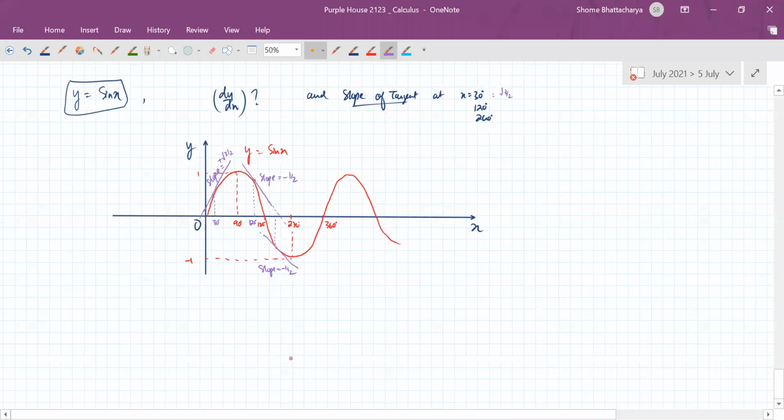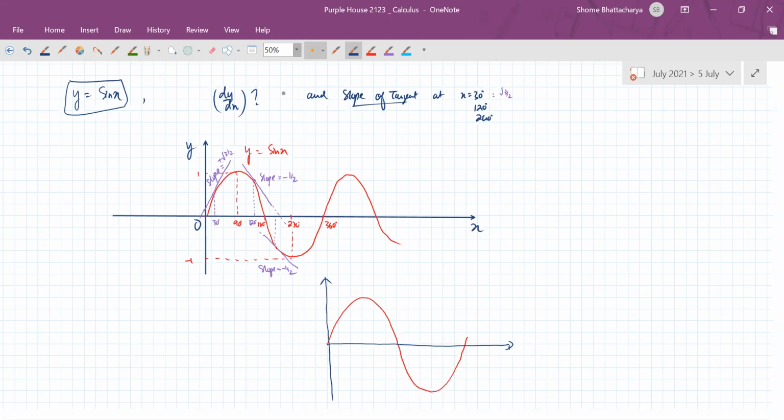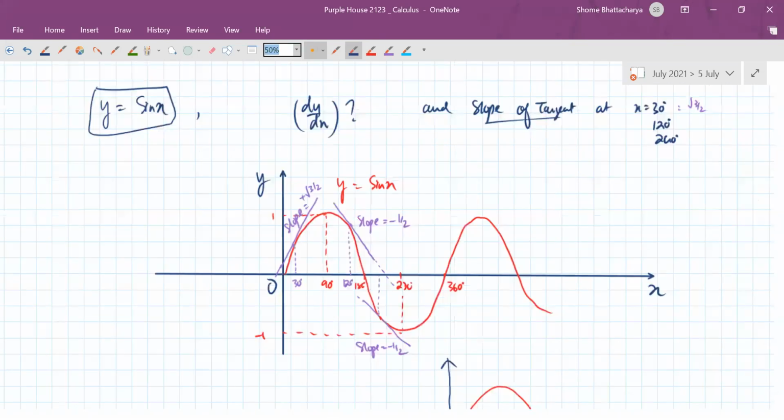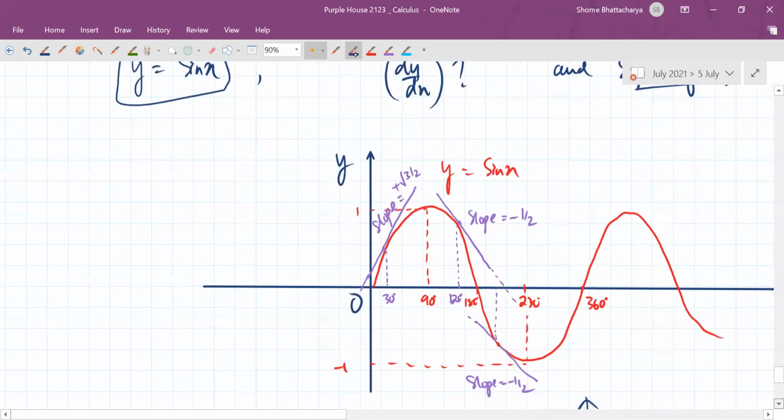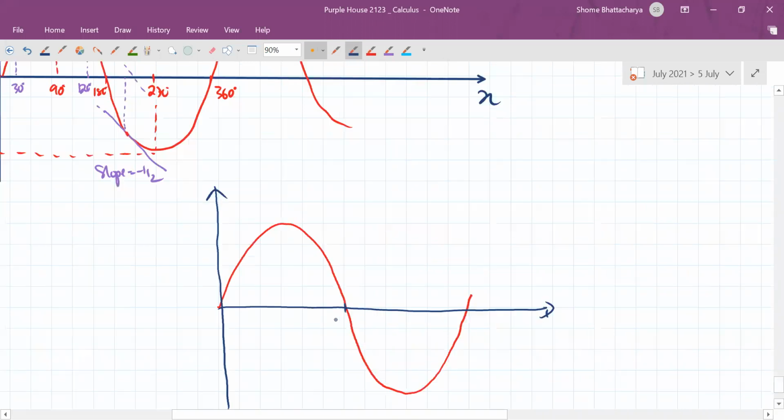Okay. Let me try and plot the symmetry of the sine graph in a better way. So let's concentrate on these two points now, 240 and 120. The relationship between these two points is that they're equidistant on either side of the 180 line. This is 180 plus 60 and this is 180 minus 60.